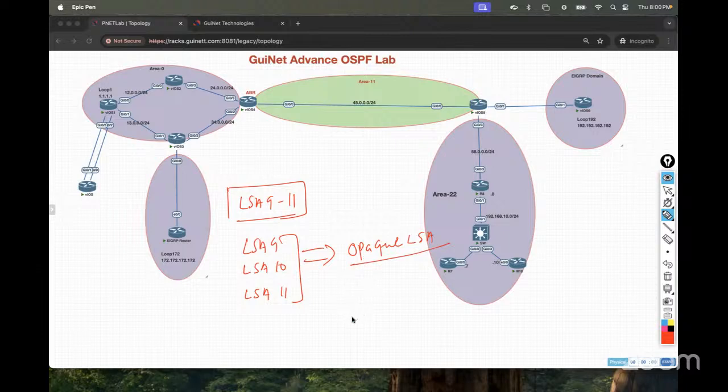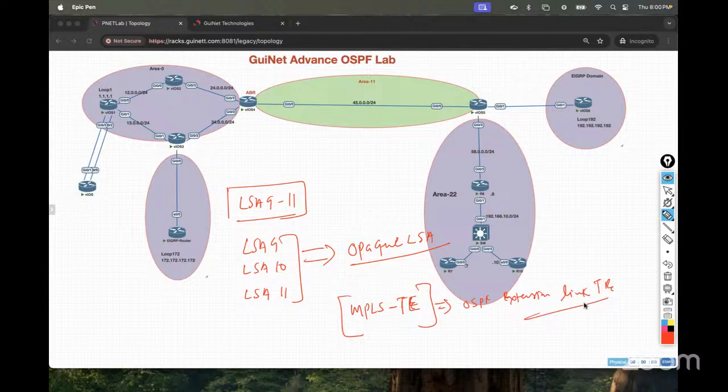Where are they going to be used? They are used in MPLS traffic engineering, which is widely used in the backbone of any ISP, and that uses the OSPF extension. When you have to do traffic engineering, TE, you can use that.